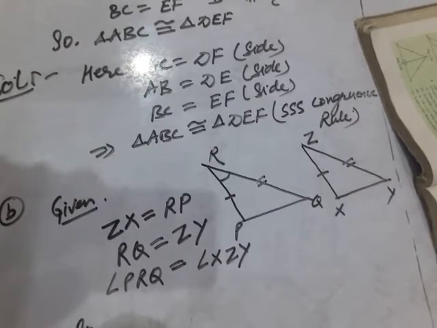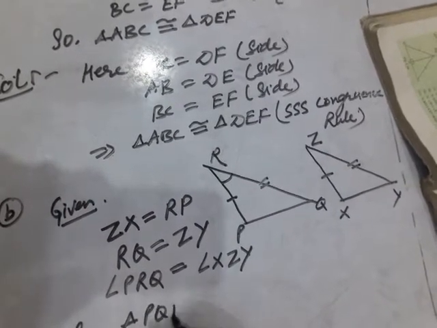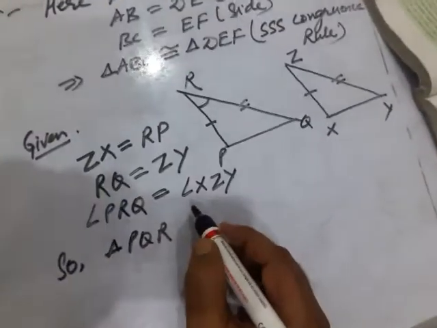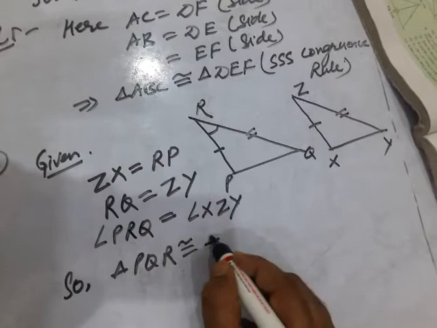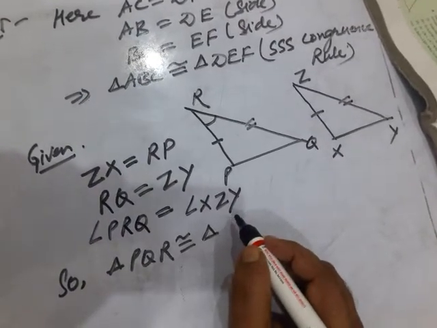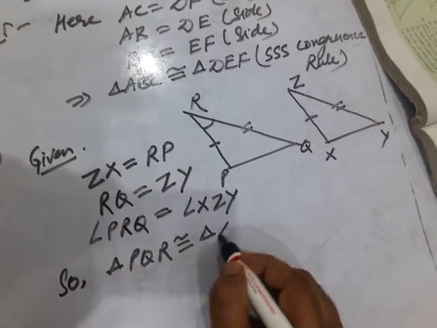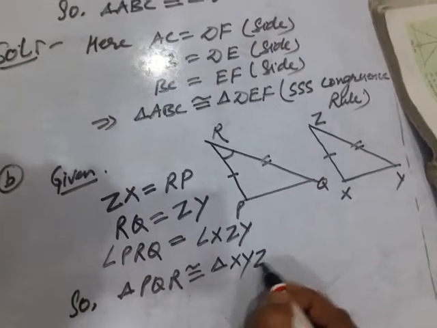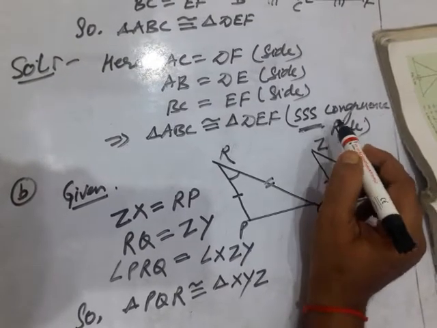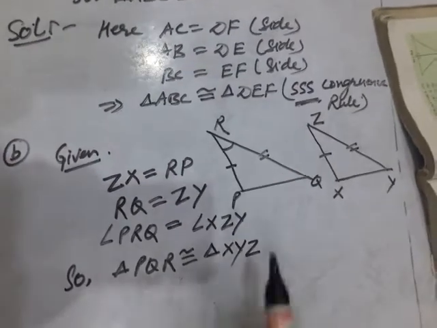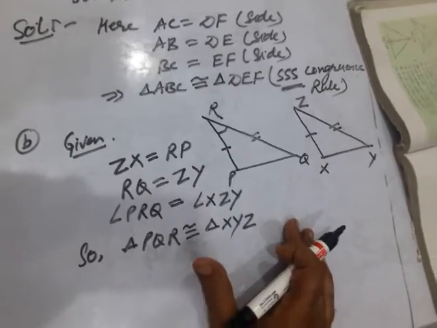So, see, triangle PQR is congruent to triangle XYZ. Clear, children? In the previous question, this was the answer. Here you have to find out which congruence criterion is used.